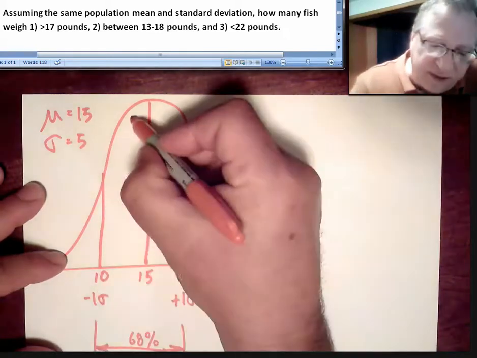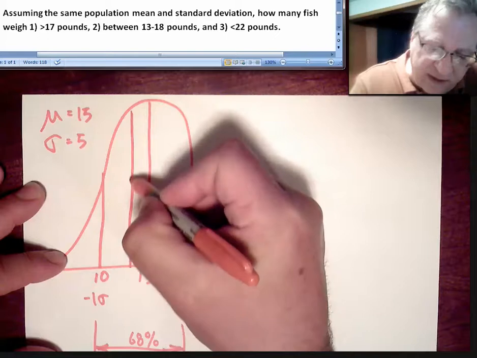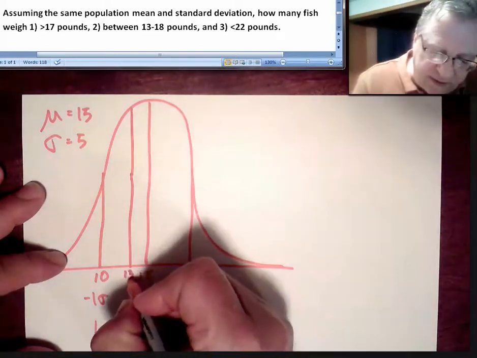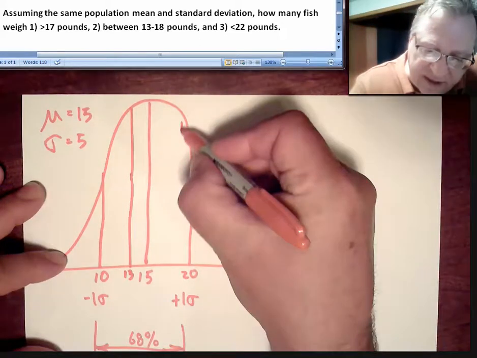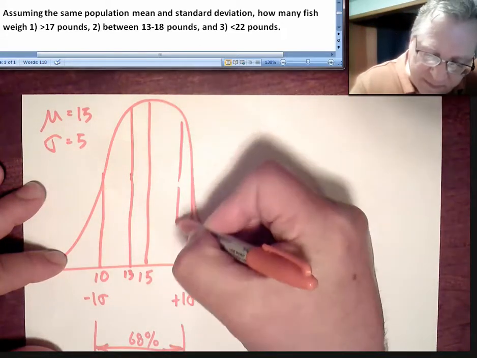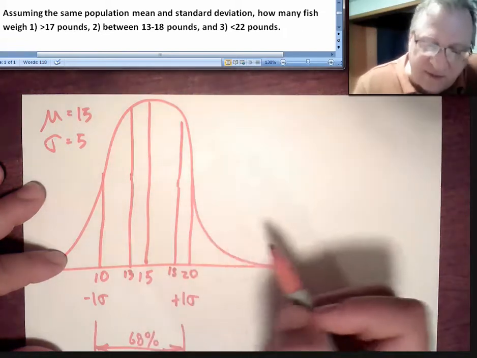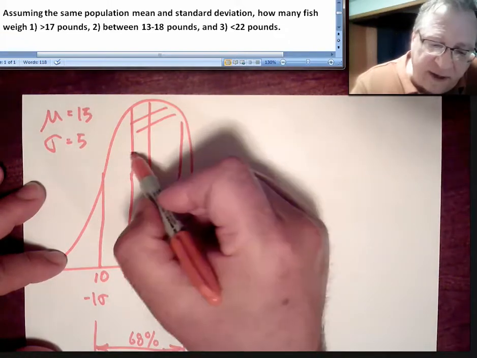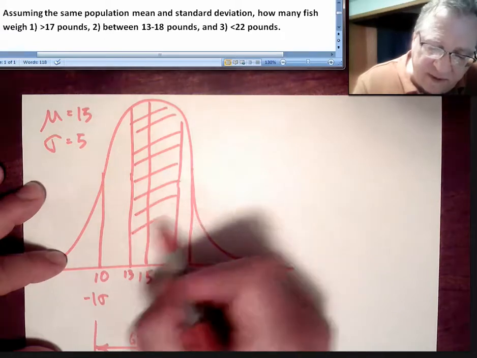13 is about 3/5 of the way there. That's 13. And on the other end, we want 18 pounds, which is over here. So we want to find the area under the curve between those two lines.